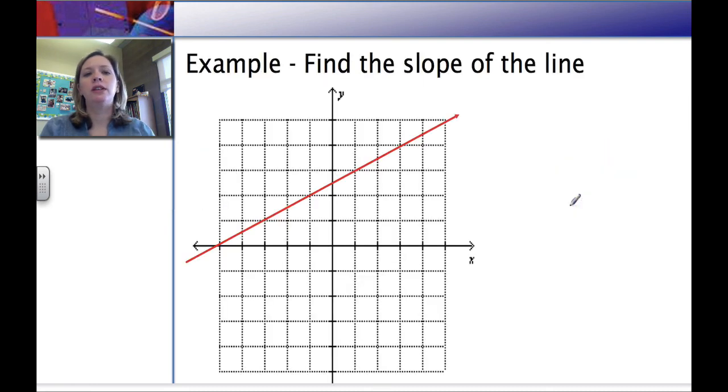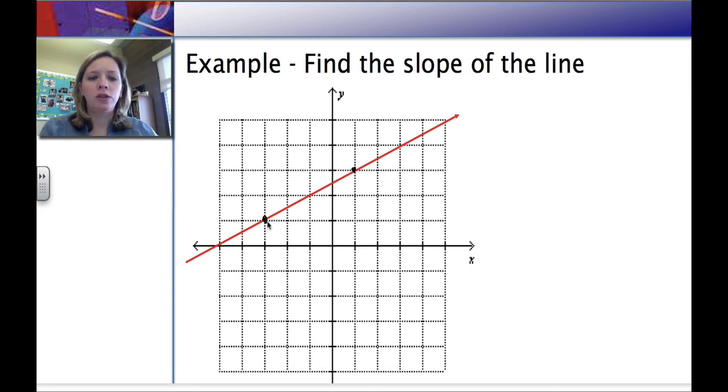So let's do this a little bit numerically. Let's find the slope of this line. Now the best way to do this is to try to find a couple of points that are really nice points on the line. So for example, this looks like a pretty nice point. I can tell exactly where it's crossing, and how about right here? That looks like a pretty nice point as well.